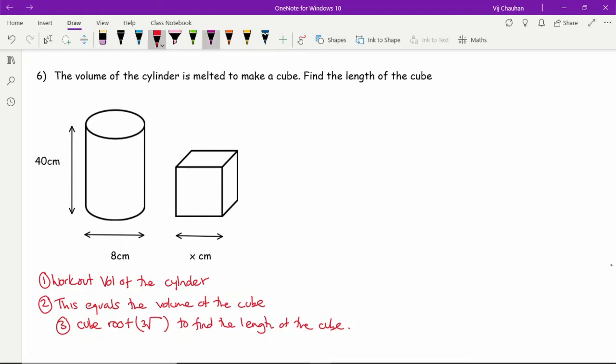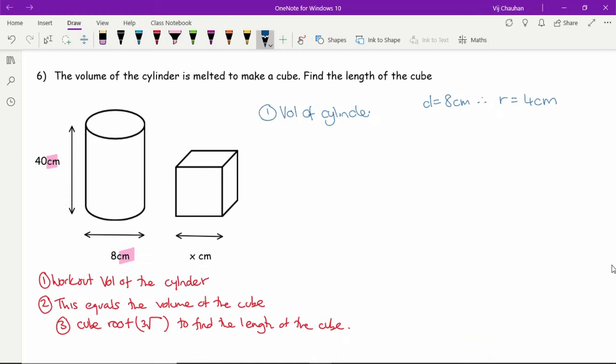So again, going back to what we know, let's get a different colour pen, let's go for blue. The first thing we want to do is work out the volume of the cylinder. Again, the first thing we need to do is make sure the units are the same, and yes, because we're working in centimetres. Now the next thing we then need to do is make sure we're given the radius. In this particular question we're given the diameter, so if the diameter is 8 centimetres, then the radius is going to be 4 centimetres.